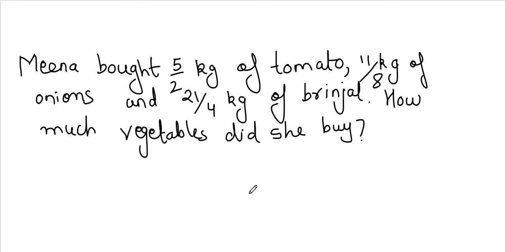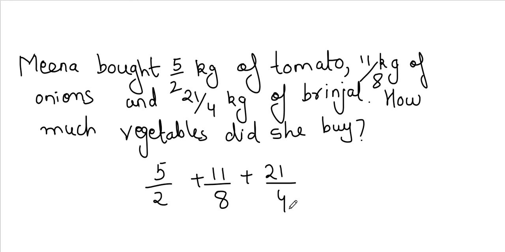Now here what we will do, first of all she bought these many vegetables, so we want to know how much total did she get together. So here let's move ahead. Now here if we see all together means what? It is adding up. So we will add all of them. 5 upon 2 plus 11 upon 8 plus 21 upon 4.